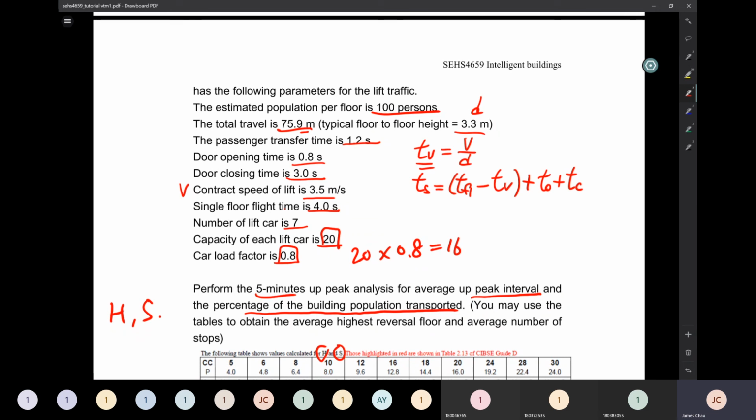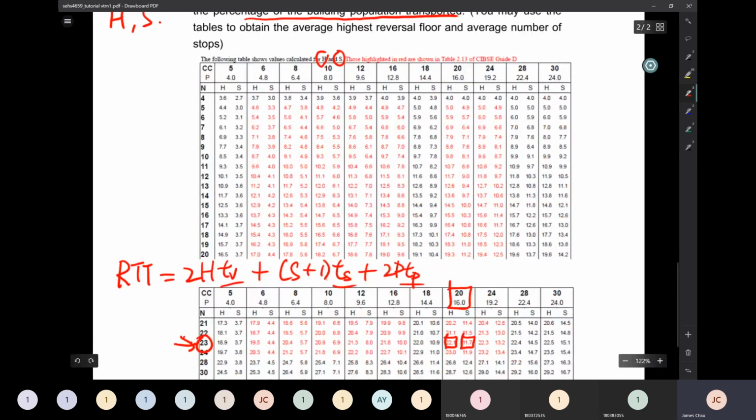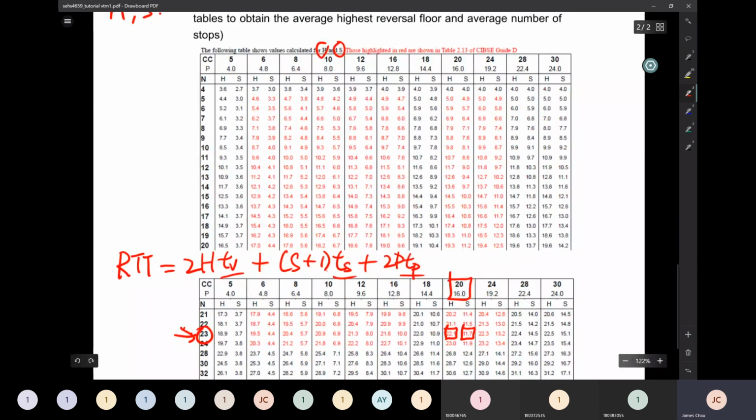And TP, actually the transfer time is already given to you. So now you are going to make the calculation on TV and TS and then plug into the formula that I provided to you, and then you can get RTT.